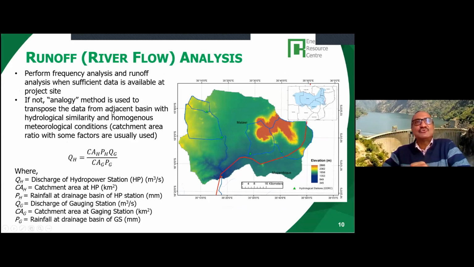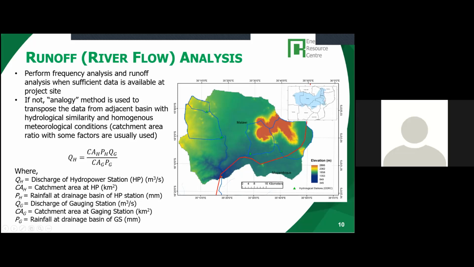analysis, we have to basically, for example, this is, I'm not sure if it is correct, but this is because of the location of the Majau mini hydro project. I just did a catchment diagram for Majau. Of course, most of the catchment lies in Malawi, but there are some parts that lie in Mozambique.